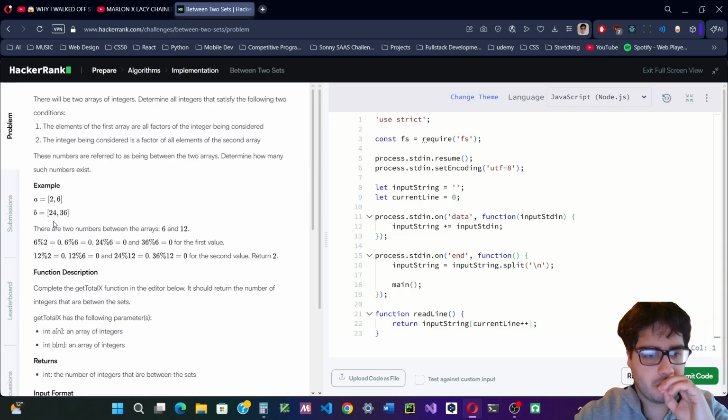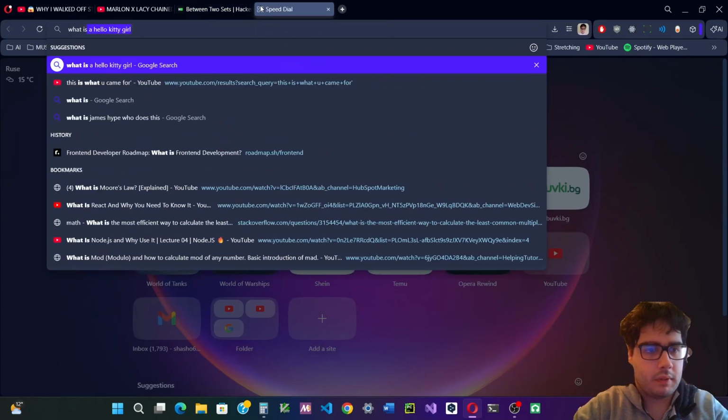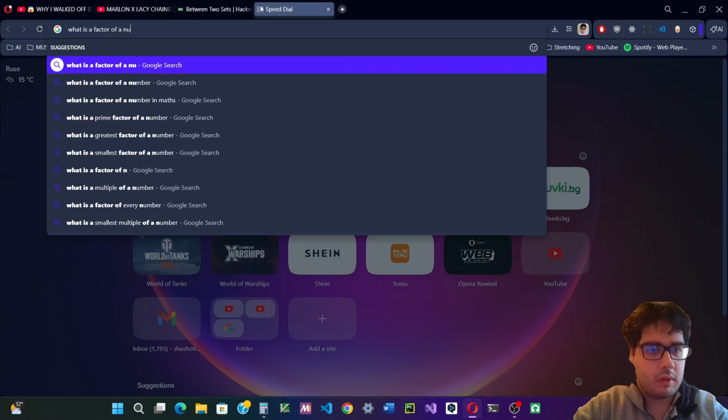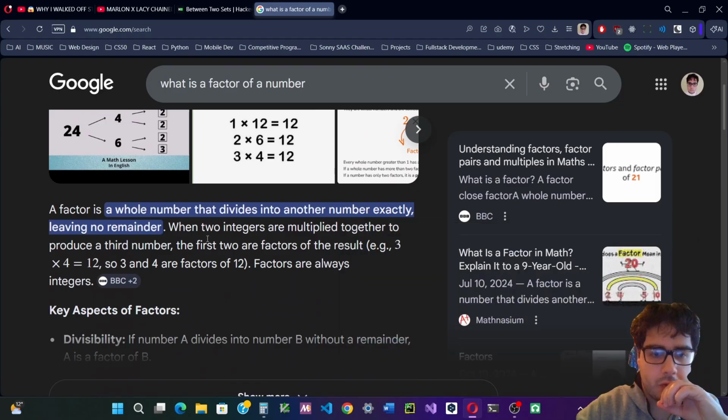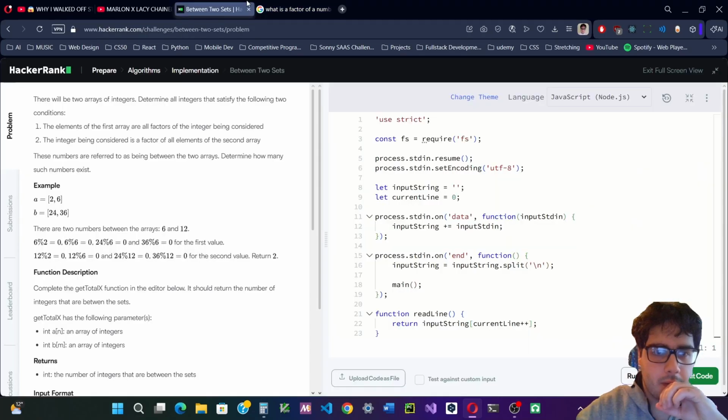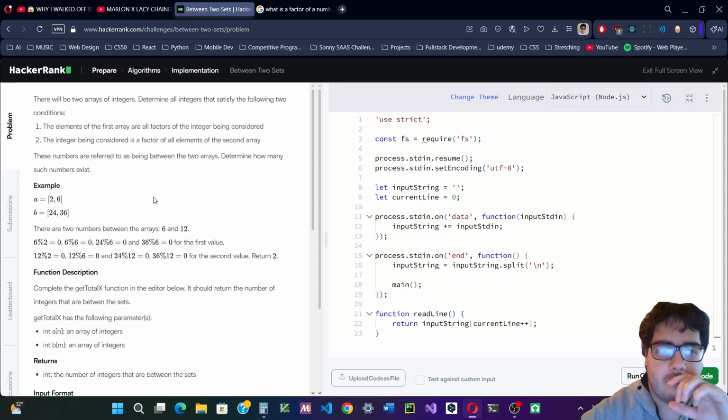Okay, so the number must satisfy that the elements of the first array are all factors of the integer being considered. So just run some sort of loop. What is a factor? A whole number that divides into another number exactly.